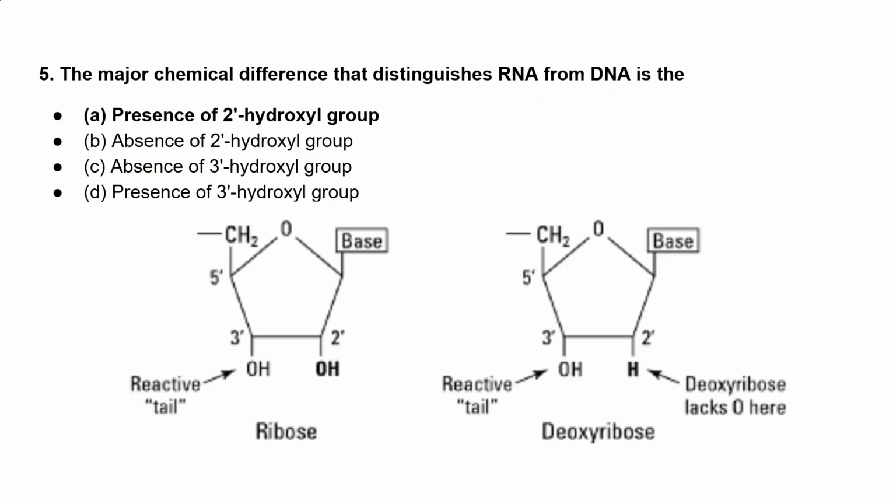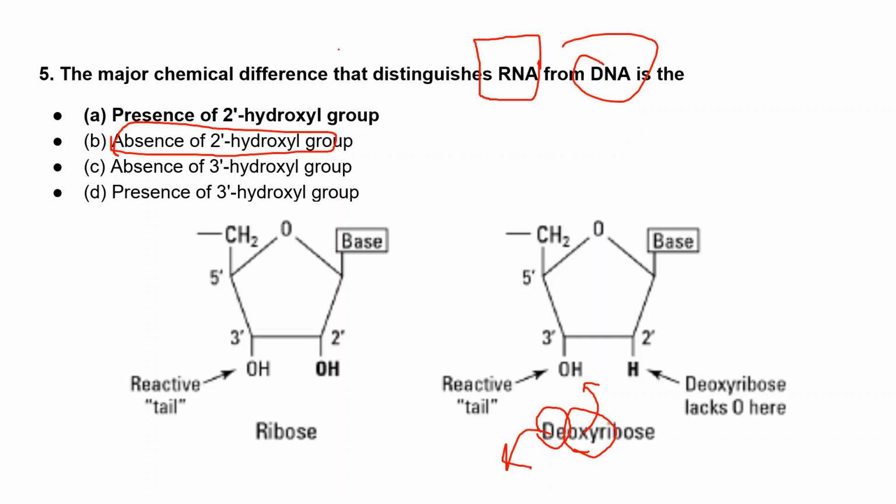Okay, let's see. So option A. Yeah, you are right. Option A is the right answer for this question, because the name itself defines the difference: RNA is ribonucleic acid, and in deoxyribo, de means removal and oxy means oxygen, so removal of oxygen. That means in DNA there is absence of 2' OH.